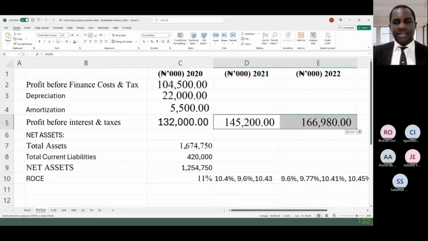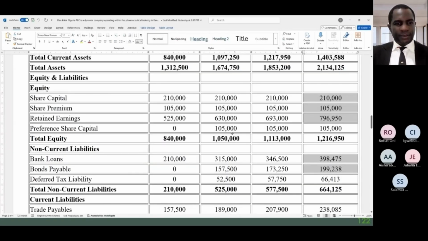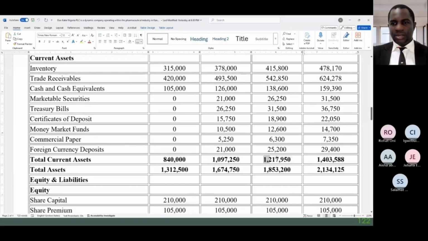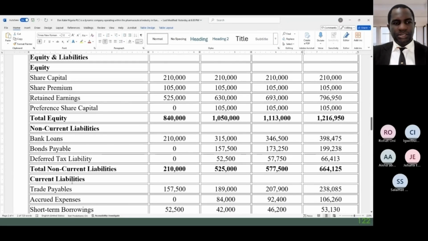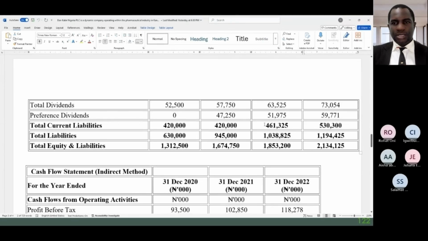So let me go and take our total assets and current liabilities from the question. Okay, so where is our total assets? We have it here, 1,217 for this year. Then we take our total current liabilities, 46153.